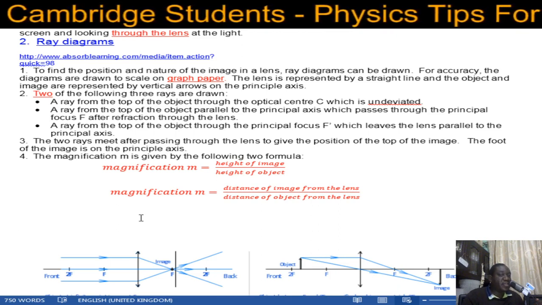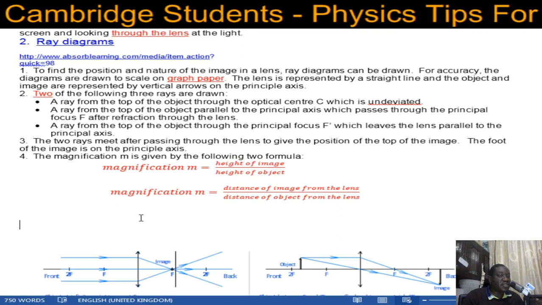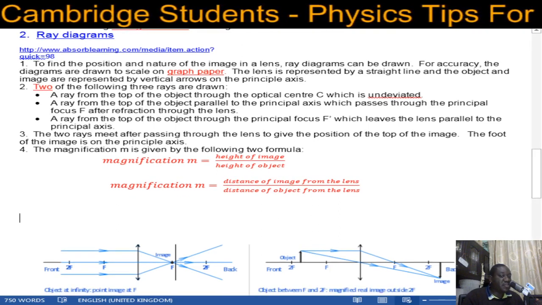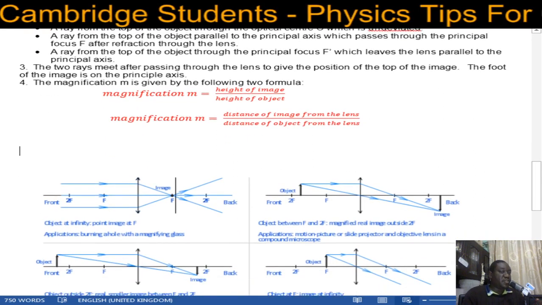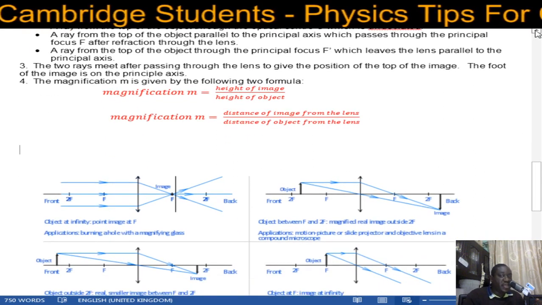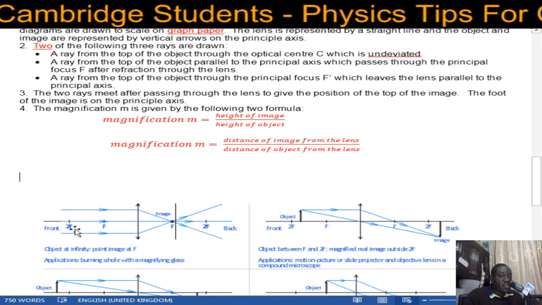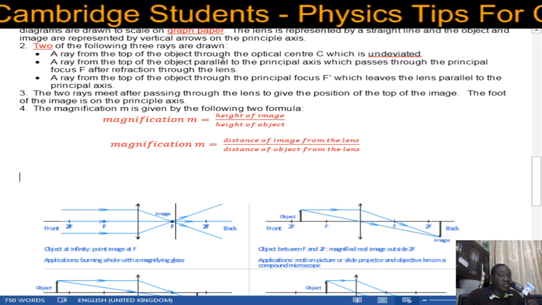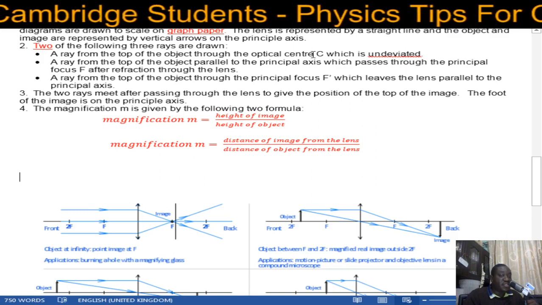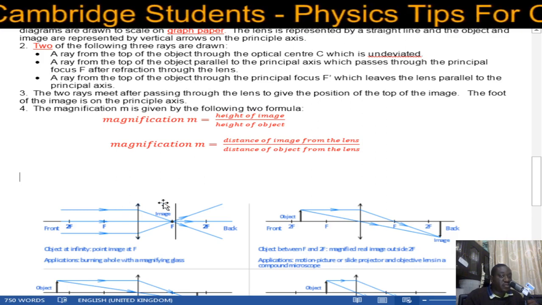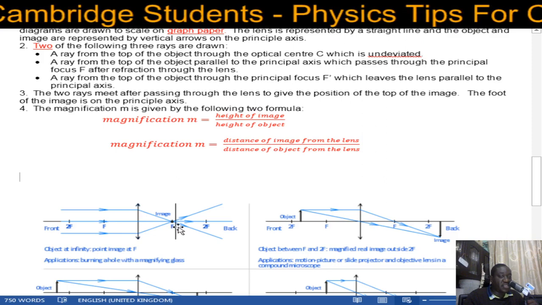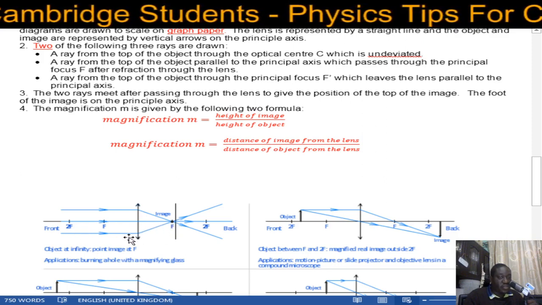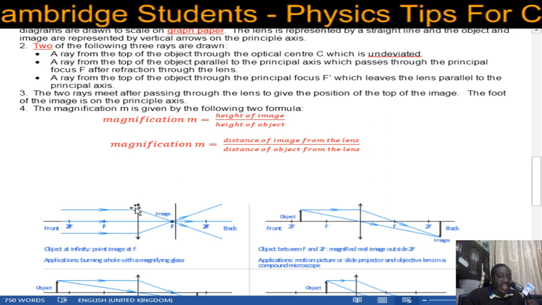Two of the following three rays are drawn. A ray from the top of the object. Let me use one of them as an example so that you can see on my cursor. So the first one is a ray from the top of the object through the optical center. So we do have our lens here.